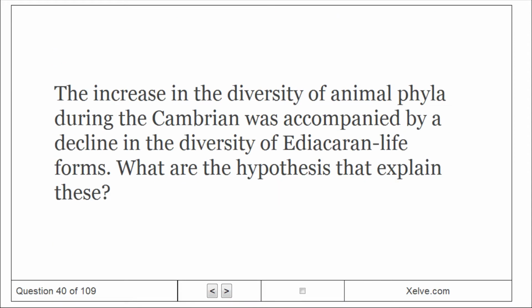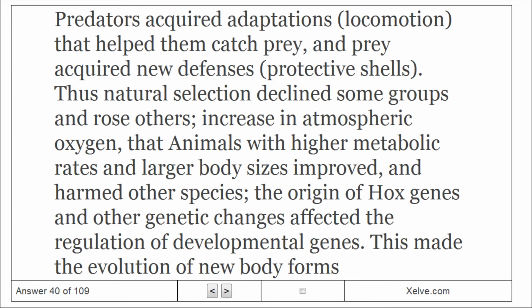The increase in the diversity of animal phyla during the Cambrian was accompanied by a decline in the diversity of Ediacaran life forms. What are the hypotheses that explain these? Predators acquired adaptations, locomotion, that helped them catch prey, and prey acquired new defenses, protective shells.